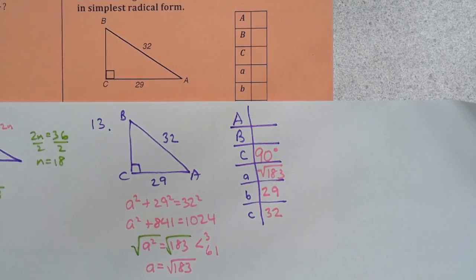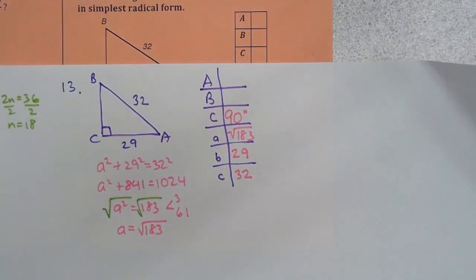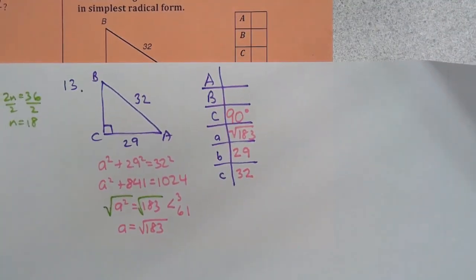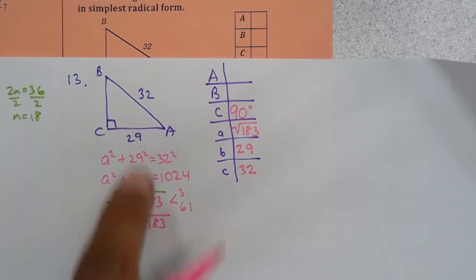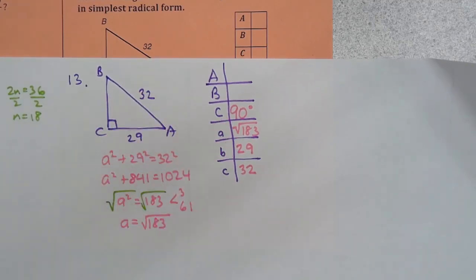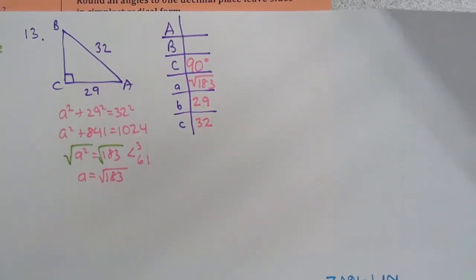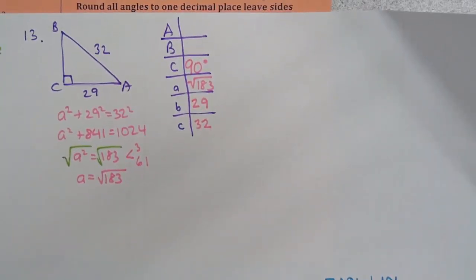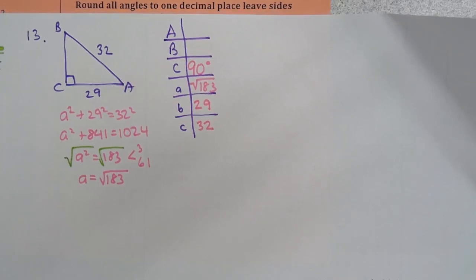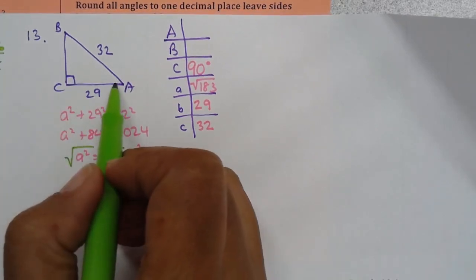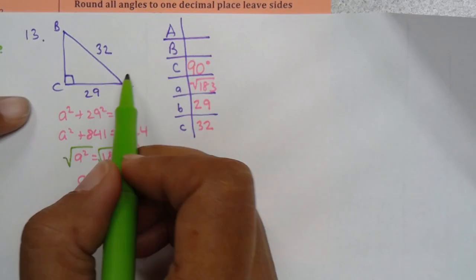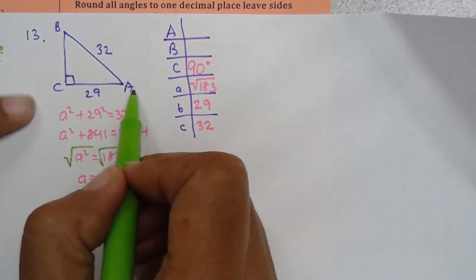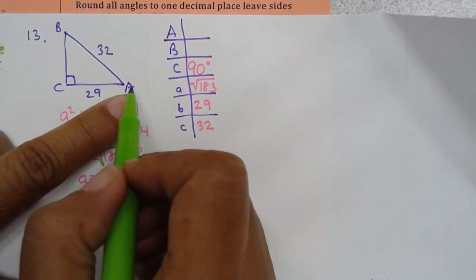Okay, now we're going to go ahead and solve for angle measures. And so you can use the 2 sides that are known here and set up a trigonometric ratio. So let's see what is in this picture here. I can use angle A or angle B. It's up to you what you want to solve for first. Since I want to solve for angle A, I'm going to set up the ratio with this as my angle.